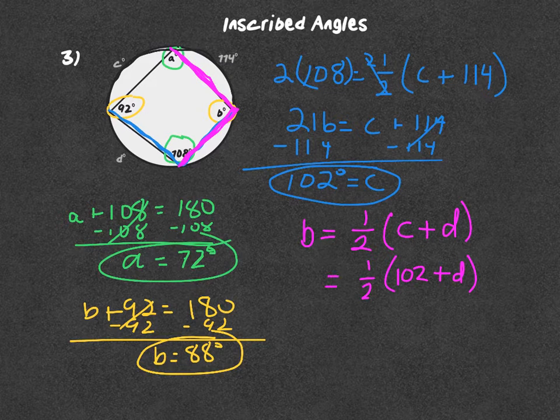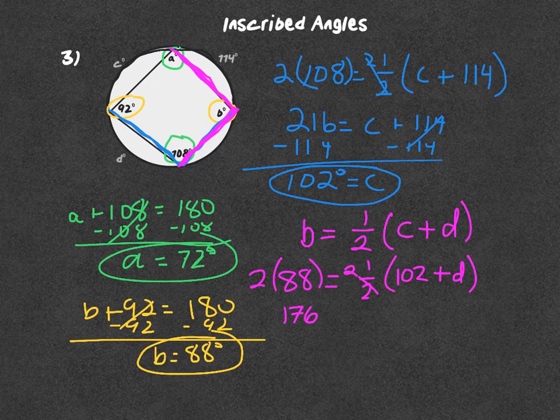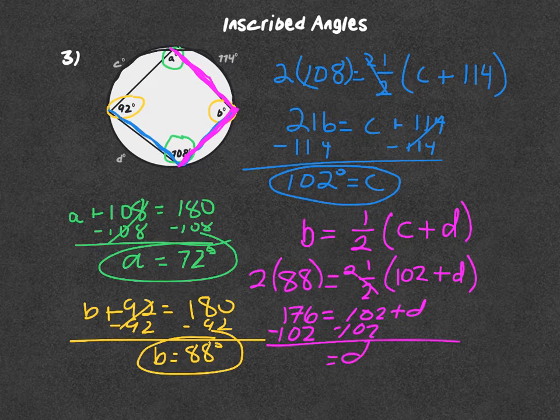And we've already found B to be 88. So then we just solve for D. Multiply by 2. And 176 equals 102 plus D. Subtract the 102. And D is equal to 74.